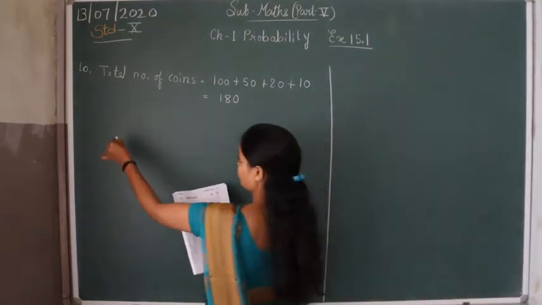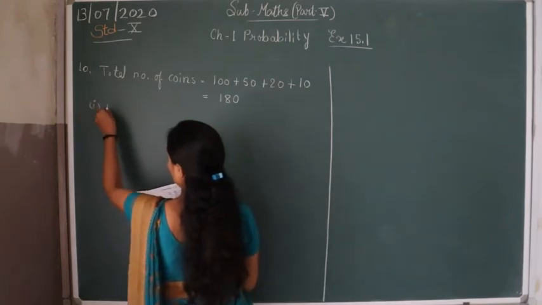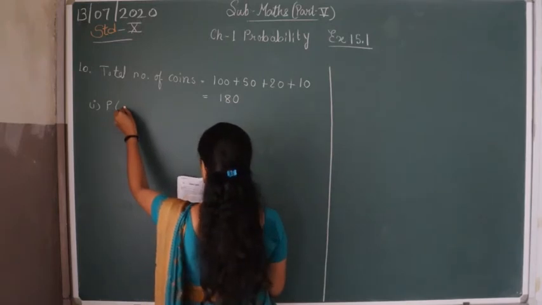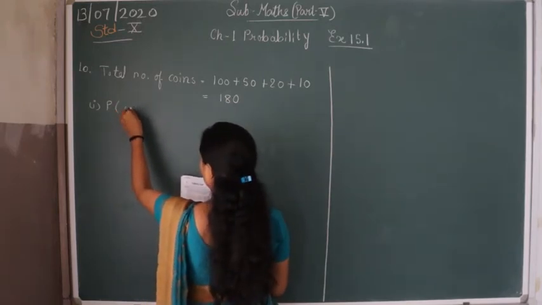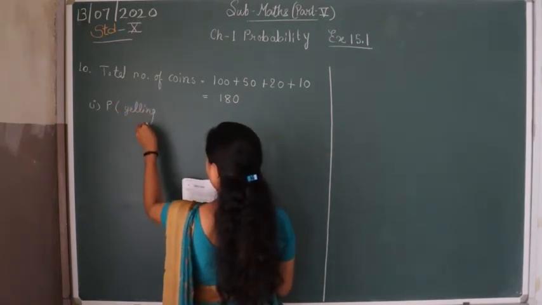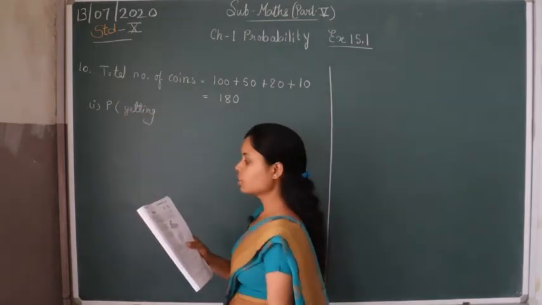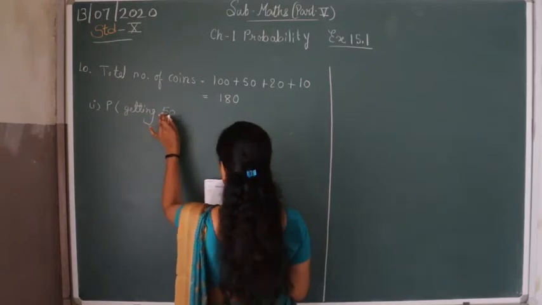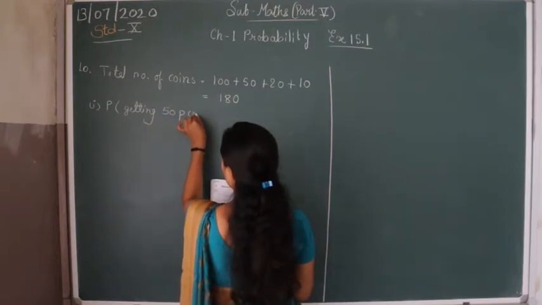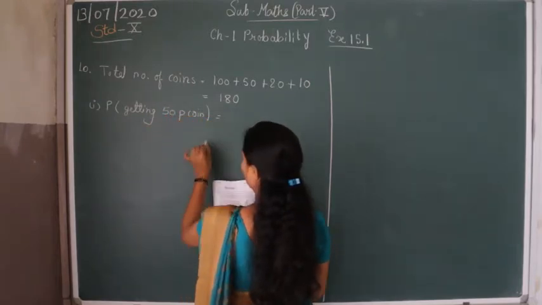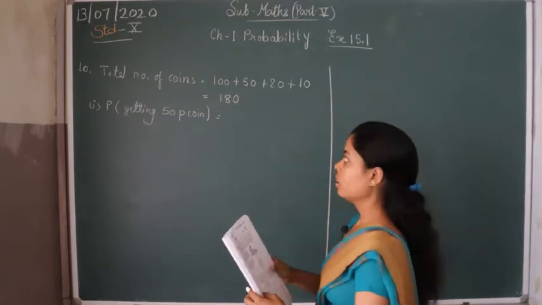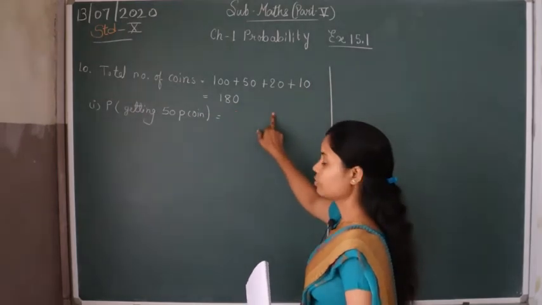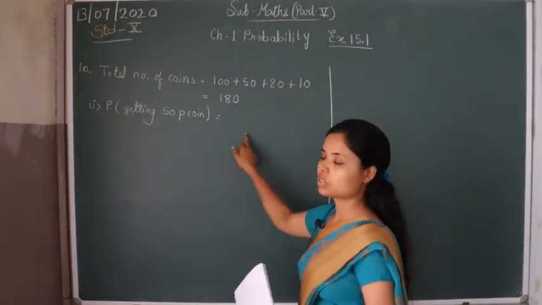First question is to find the probability of getting a 50 paisa coin. Firstly, we will find the favorable outcome by possible outcome.